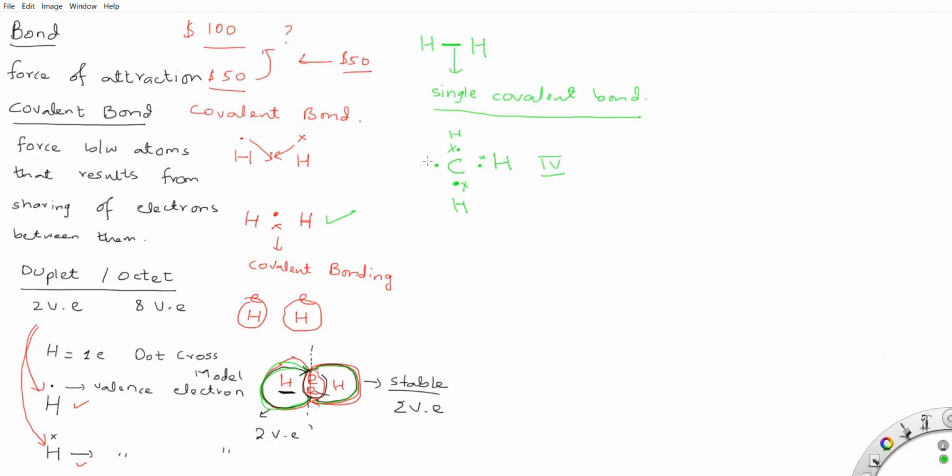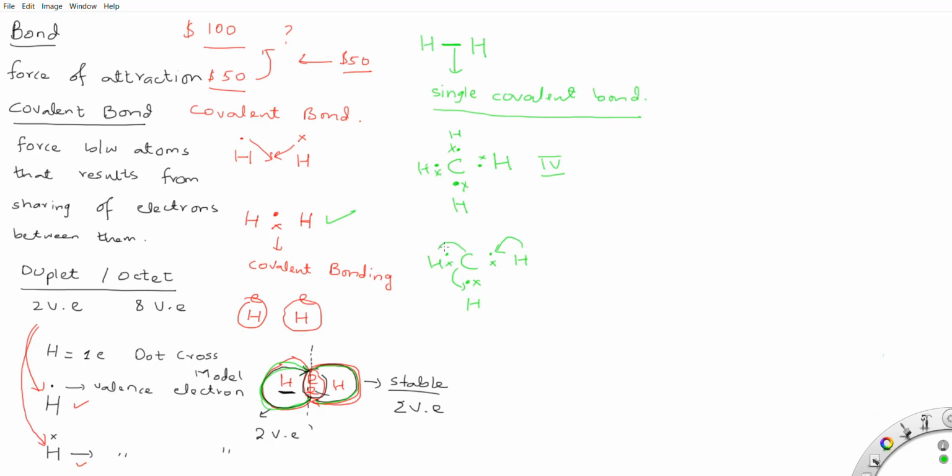What happens here? You can see clearly that these four hydrogen atoms are each contributing one electron pair. If we consider this pair, this hydrogen satisfies having two electrons in its valence shell for the moment, and this carbon is now sharing electrons between four different pairs.